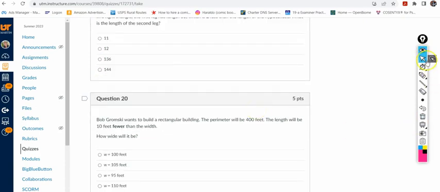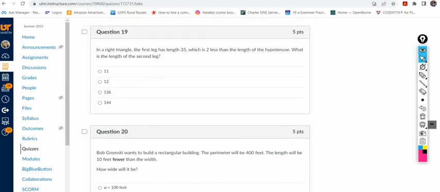All right, let's get back to this one here. So in a right triangle, okay, we've been told we have a right triangle.